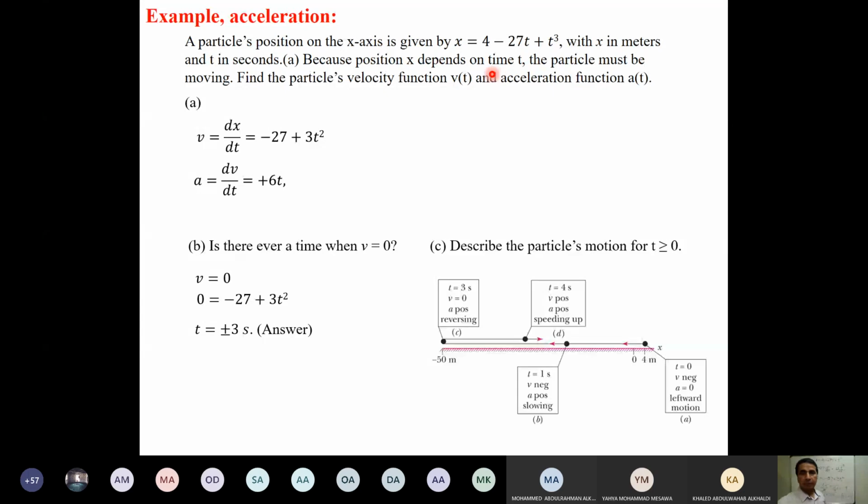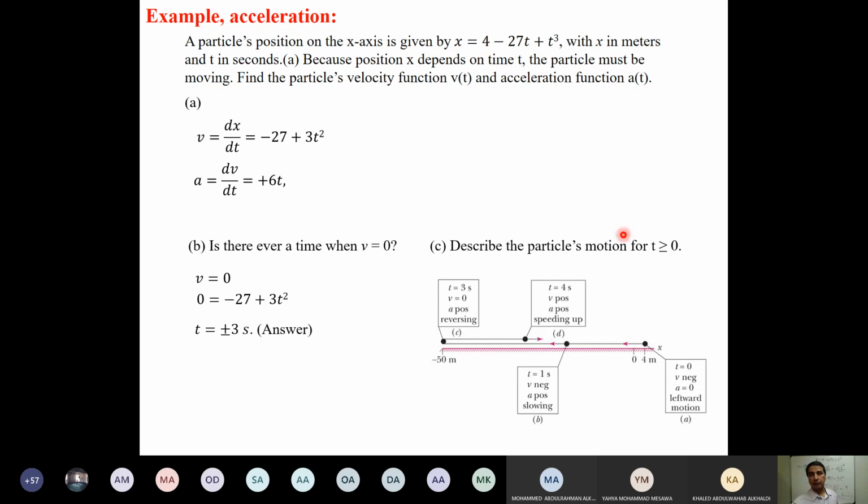Now I'll describe the motion of the particle for this situation. The particle starts when we put t equal to 0 in this equation. You see, the second term and the third term will be 0, and the x position will be 4. So let's say it is 4 meters.